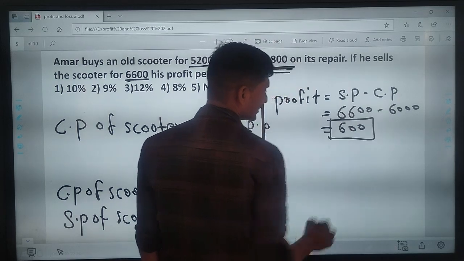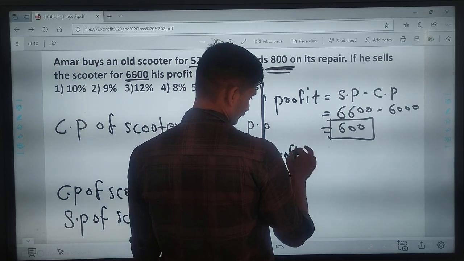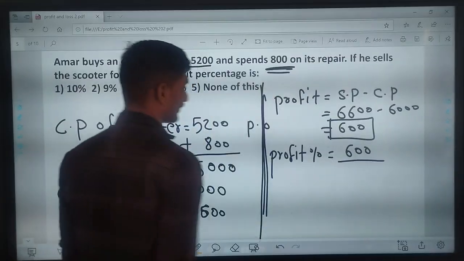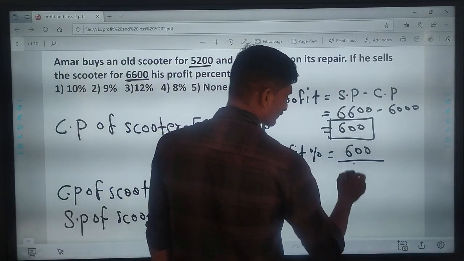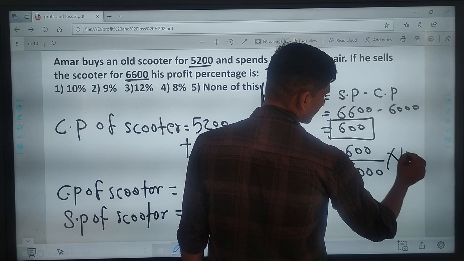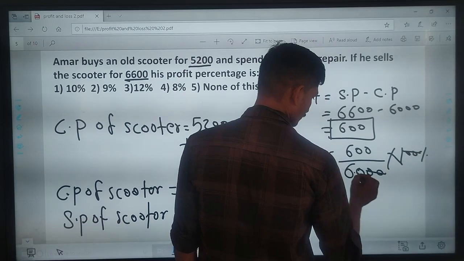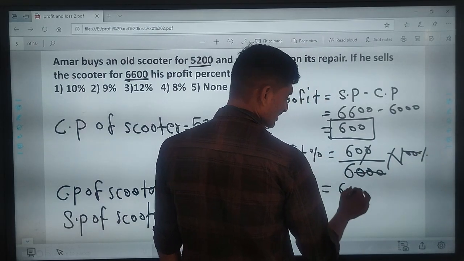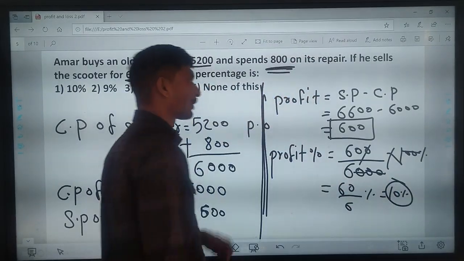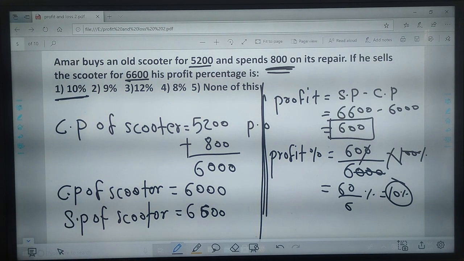Then profit percent is equal to 600 profit on your cost price 6,000 into 100. This is the profit percent. Now 60 divided by 6, that is 10%. Now your profit percent is 10%.